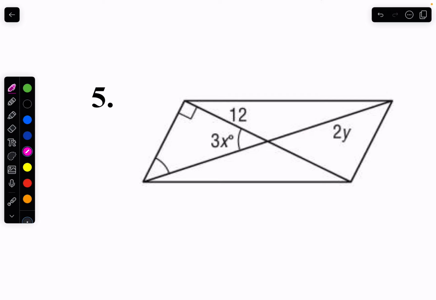So when we look at this problem, I want you to concentrate your eyes on the red triangle that I'm marking. Right now, I see the 90-degree angle. Well, if this one is 90 degrees, then I know that the two base angles over here are going to be 45 degrees and 45 degrees.